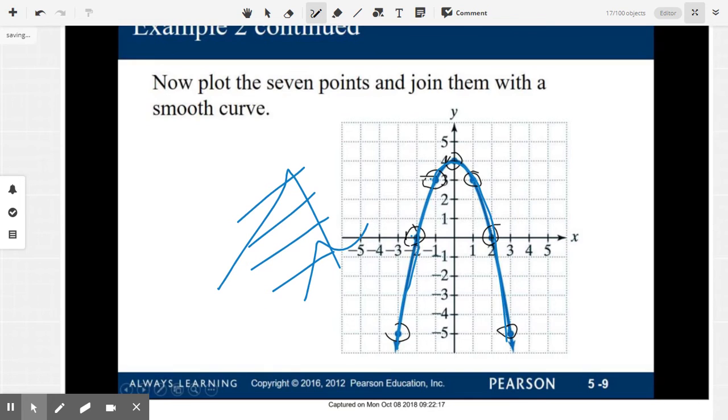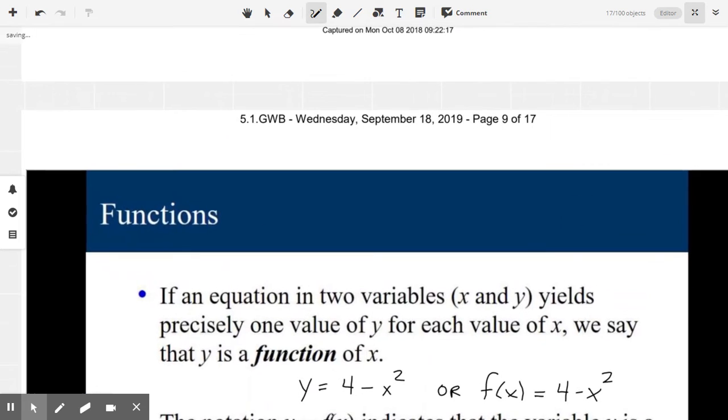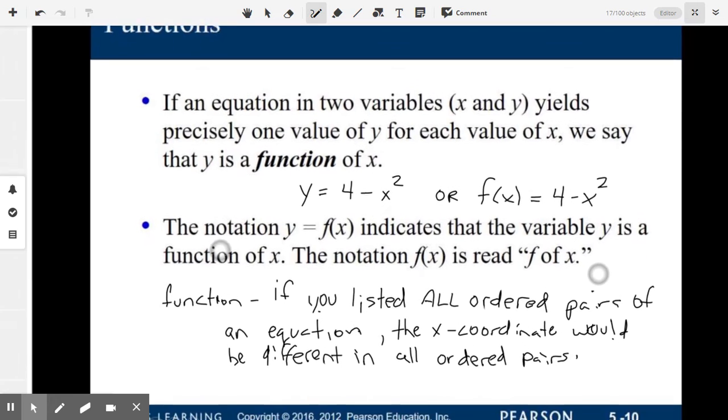You want to make a smooth curve, connecting the dots. And this is a form of parabola. Most of what we're going to be looking at right now are going to be straight lines, but there are a few examples where they are not straight lines. But what we do is plug in a value of X, put it into the equation, find that corresponding Y, and then we can put that point on the graph. So that is one way that we can get to graphs.